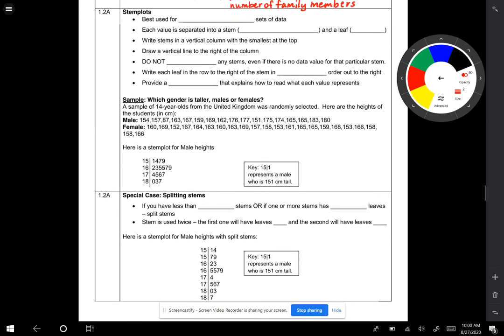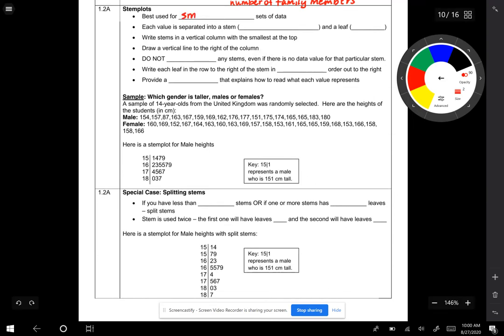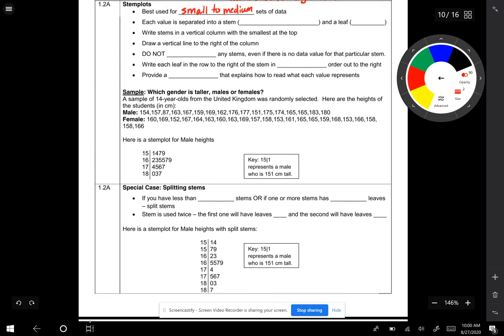Next one is a stem plot. This is best used for small to medium sets of data. Each value is separated into a stem, which is all the digits but the last one, and a leaf, which is the last digit.